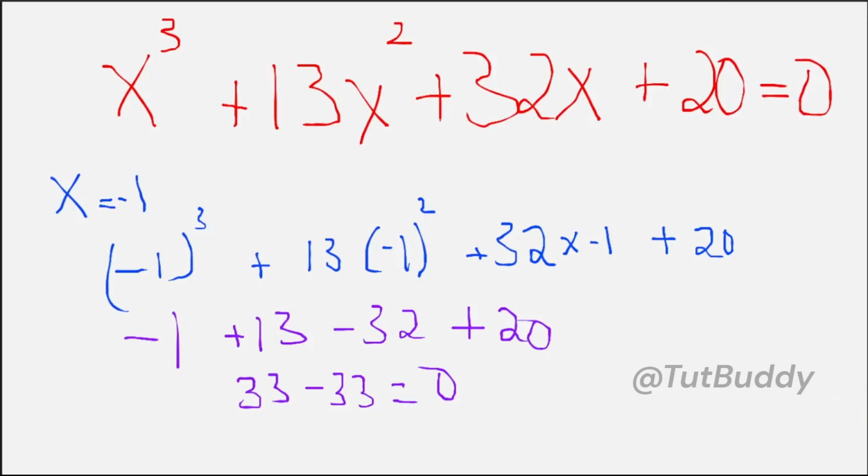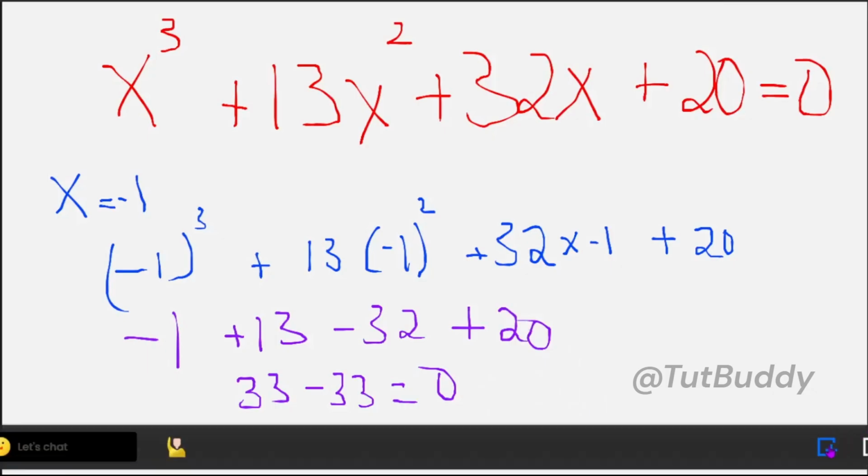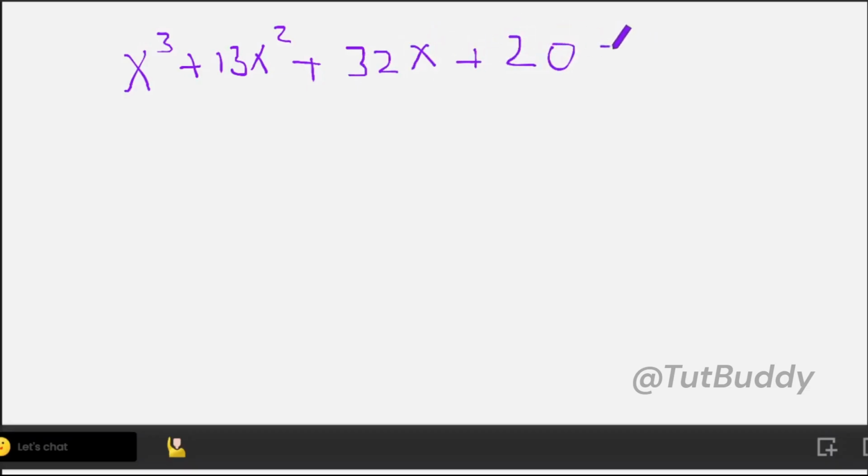Now what is our second part? For the second part, we need to get the quadratic equation so that we can factorize it normally, the way we do, and get the other two values of x. So now how to get that? We'll write the equation again. x cubed plus 13x squared plus 32x plus 20 equals 0.